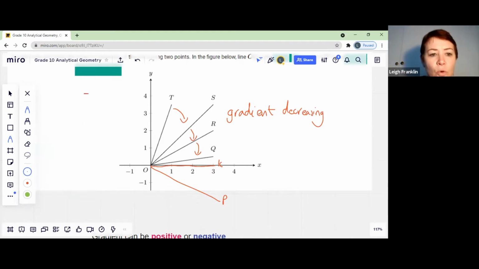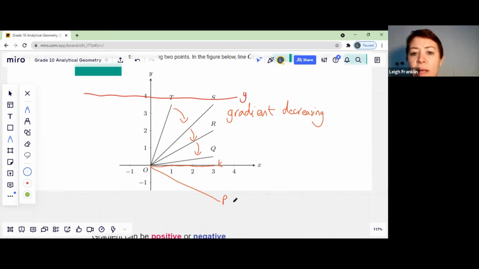Okay, so if I draw a horizontal line like that, this would be called the line y equals 4. Does that make sense to you, grade 10s? Do you know that horizontal lines are named as y equals and that vertical lines are named as x equals? Ma'am, is it an asymptote?